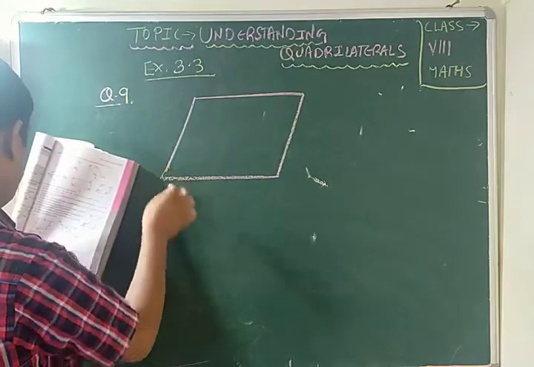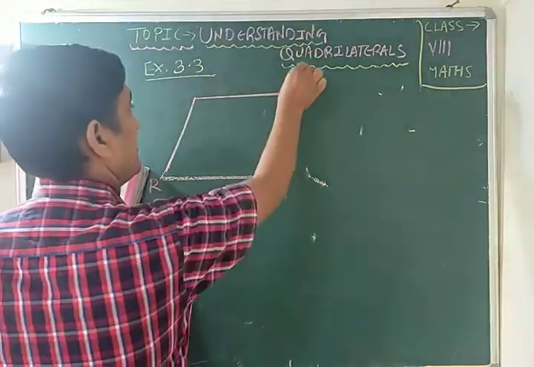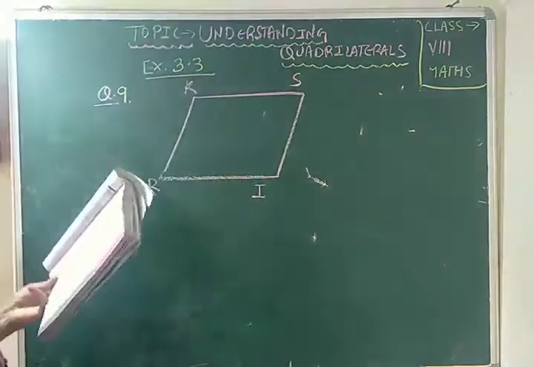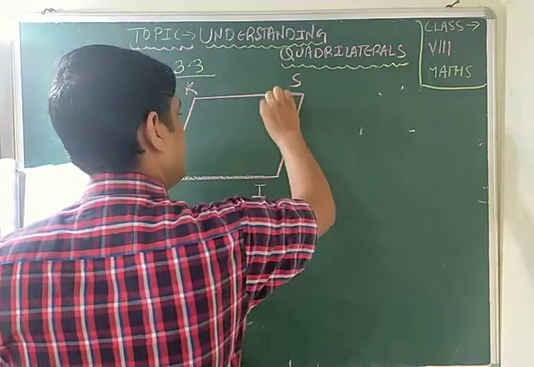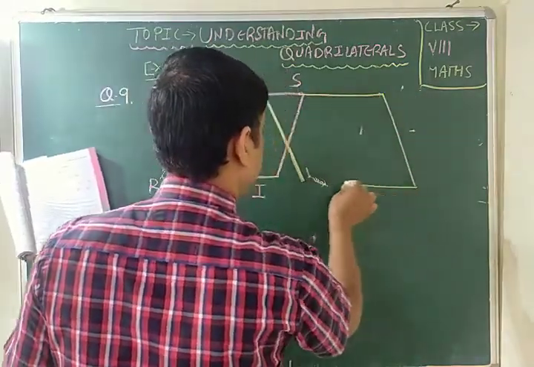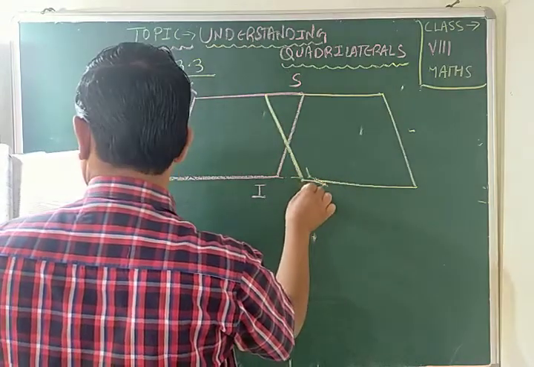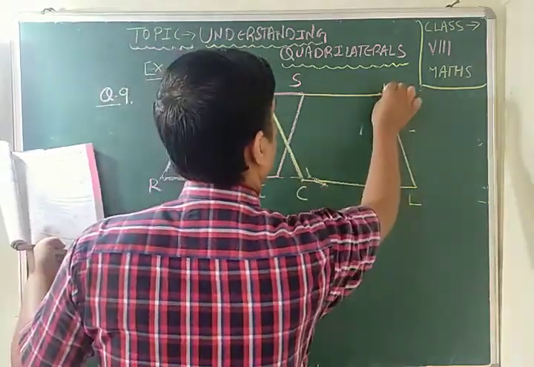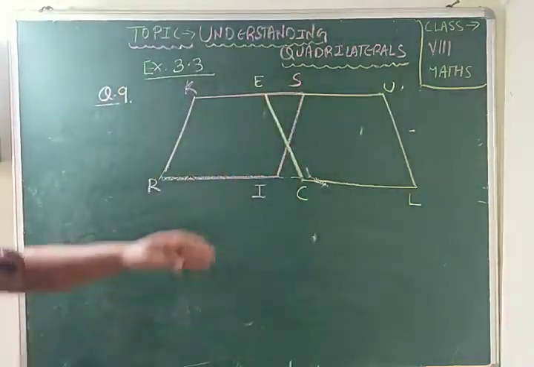This is the one figure, that is RISK, R I S K. Now we have one more figure here, C L U E. This is the second figure.